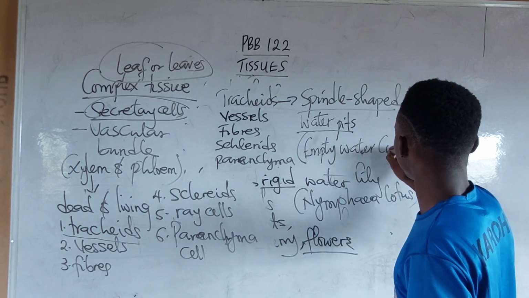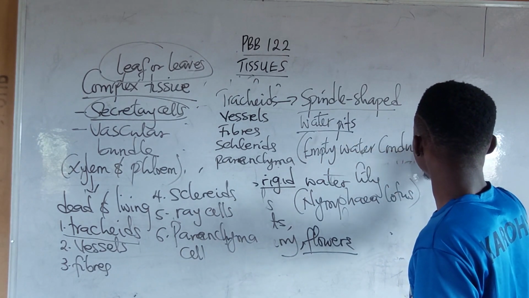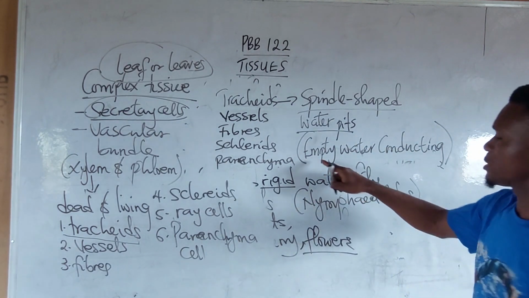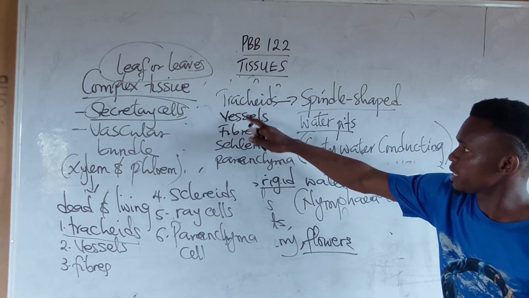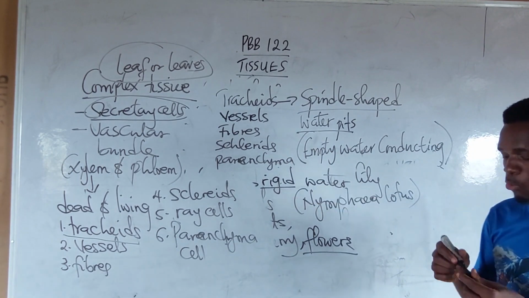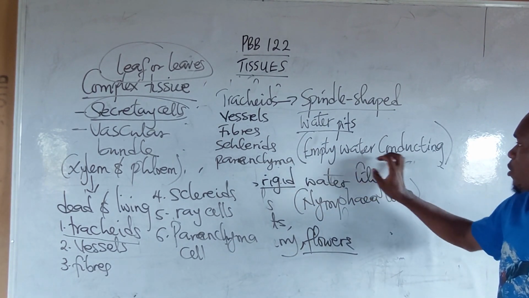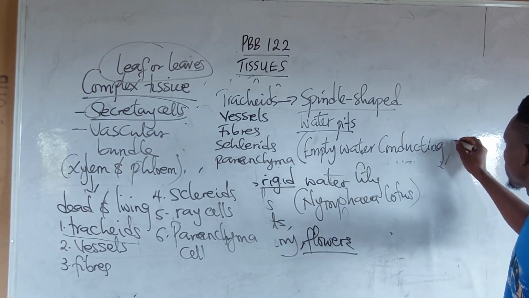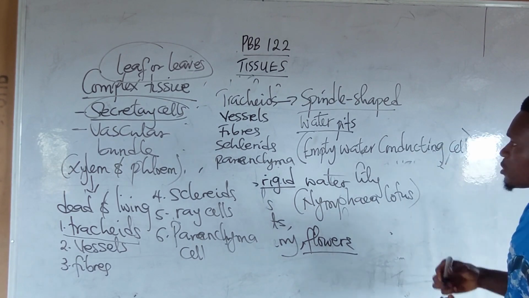Please take note of that. I said tracheids, vessels, fibers, sclerics, and parenchymal cells are what? Empty water conducting cells.